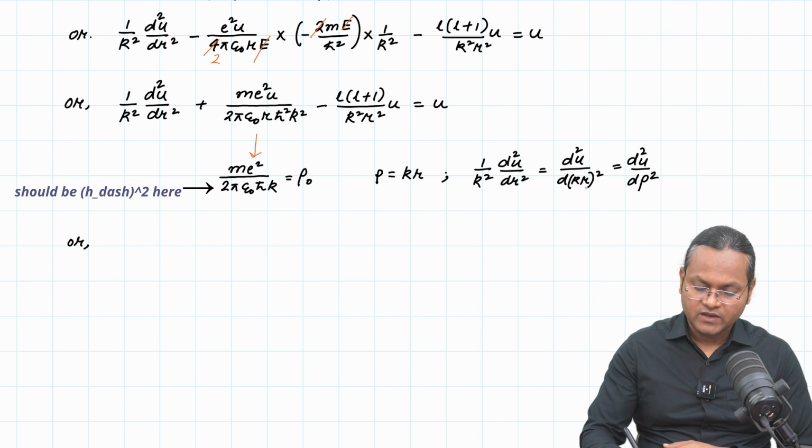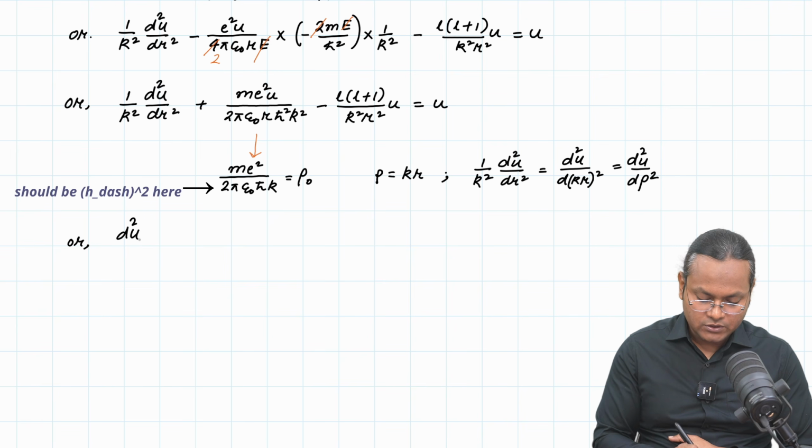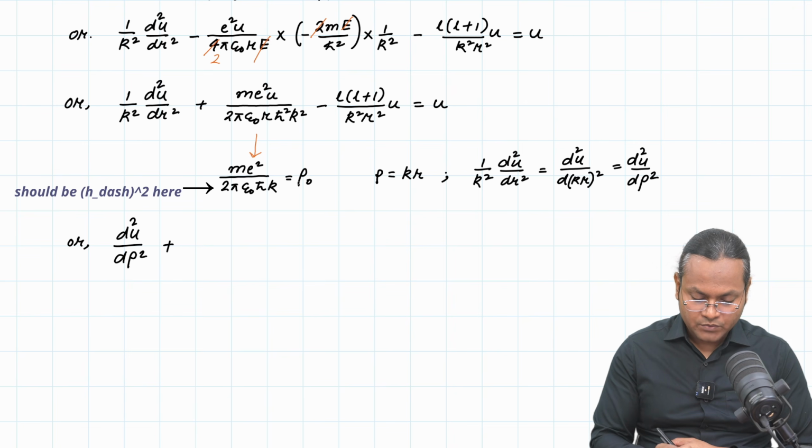Okay, because I absorb the k here with the r to create the ρ. So this is therefore d²u upon dρ² plus we have m e² upon 2π ε₀ ħ k as ρ₀, and what we are left with is r and k in the denominator, which is nothing but ρ.